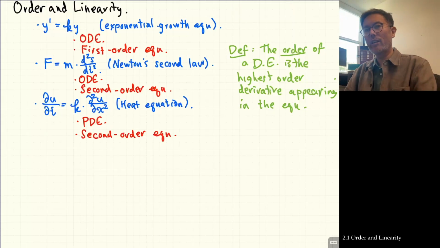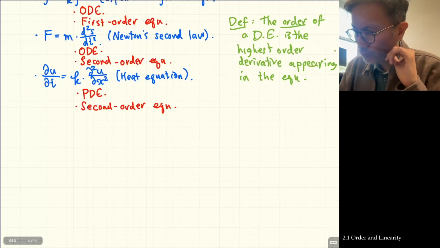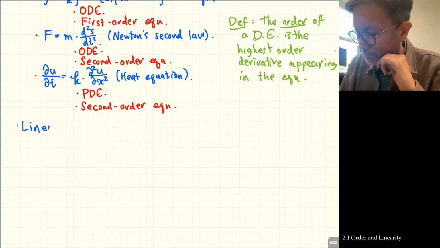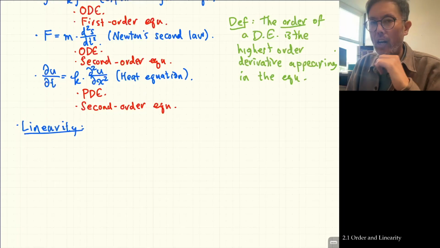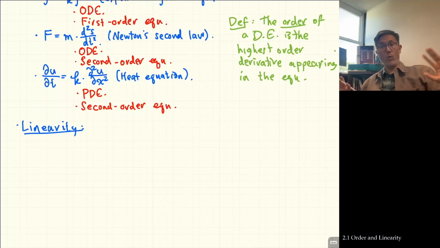There's also a notion of linearity, and this is a little bit more complicated. So to understand linearity, let's just stick to the world of ordinary differential equations for now, ODEs.